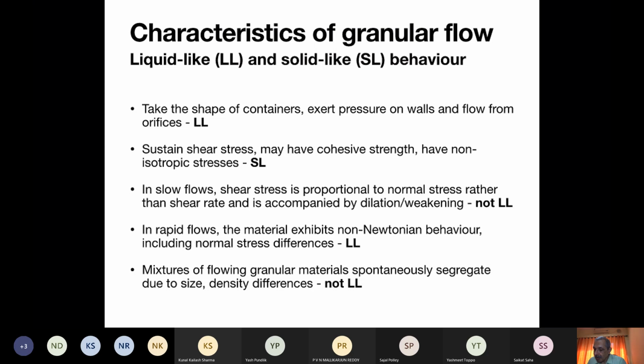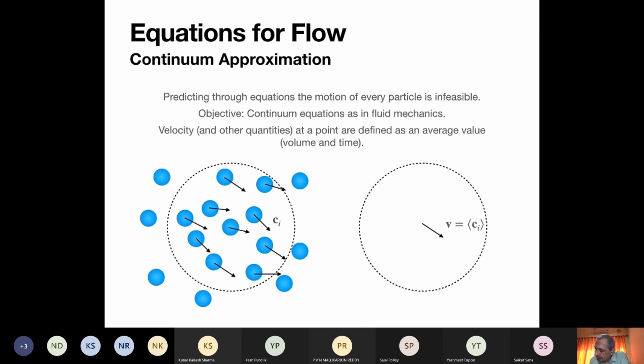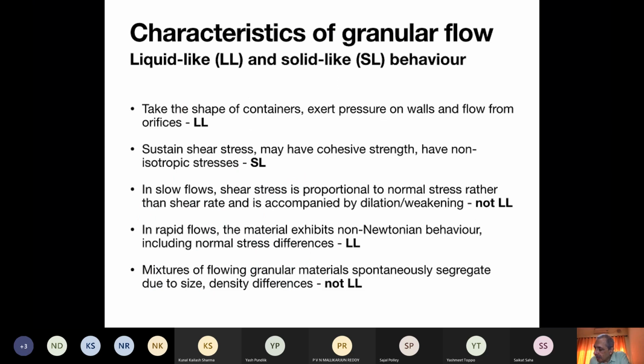So for example, one characteristic is that, let's say, if you pour a granular material into a container, it will take the shape of the container, it will exert pressure on the walls, and if you make an orifice in the container, then the material will flow out from the orifice. This is very common. You have seen it, that you put sand in a bottle and it'll take the shape of the bottle, and if you have a container with a hole in it and then you pour sand, then it will come out like a liquid. So this is all liquid-like behavior.